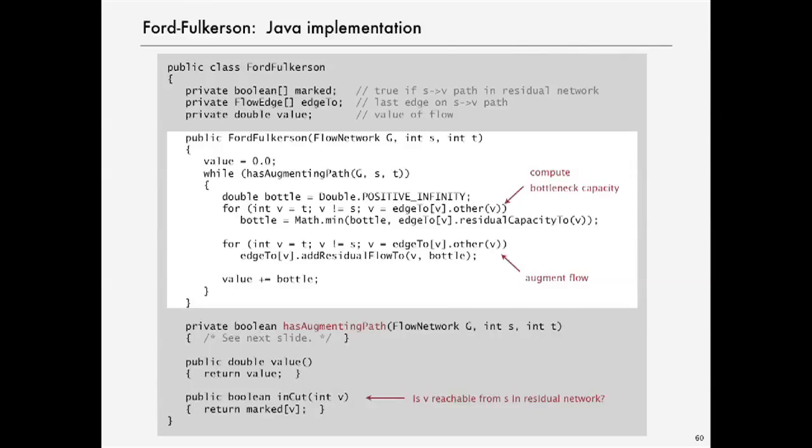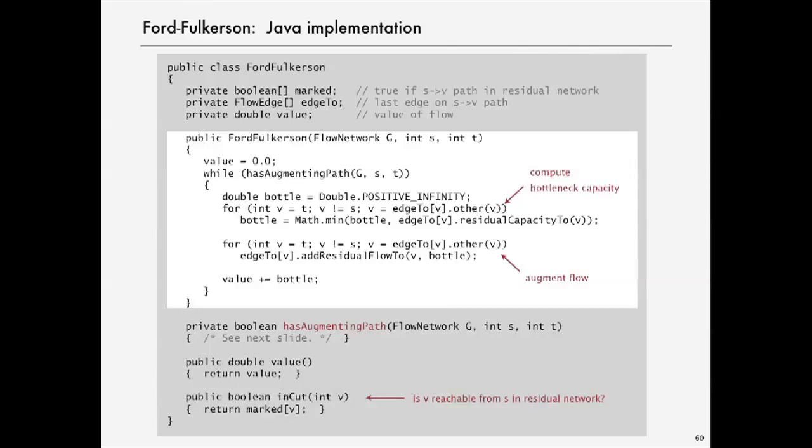The edge-to of T contains the edge that took us to T, and so forth. And so we'll use that edge-to array to go back through the path and figure out the bottleneck capacity, which is the minimum of the bottleneck capacity and the residual capacity in the edge that we're processing.